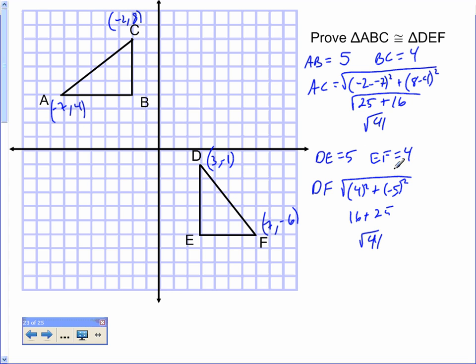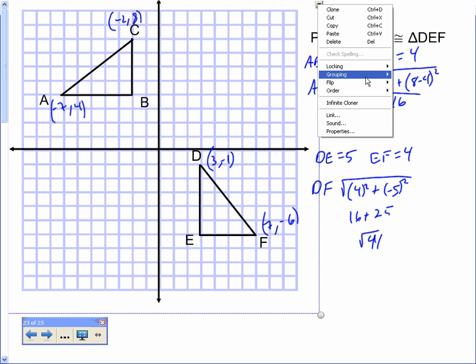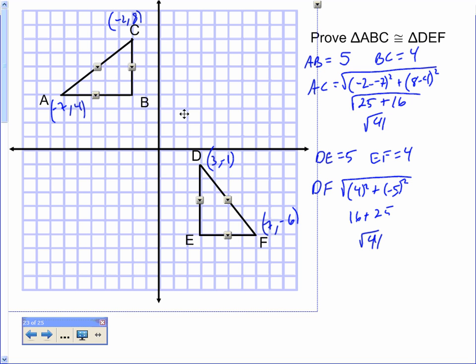So I've got 5, 4, square root of 41, and 5, 4, square root of 41. So these triangles are congruent by side, side, side. Let's rotate one to take a look at our slopes for finding slopes here.